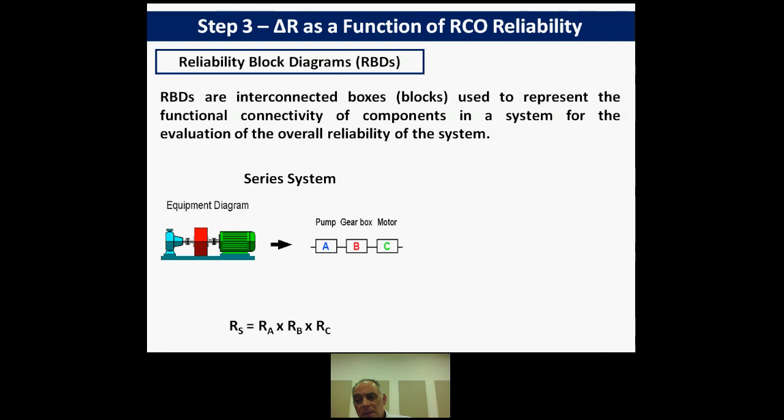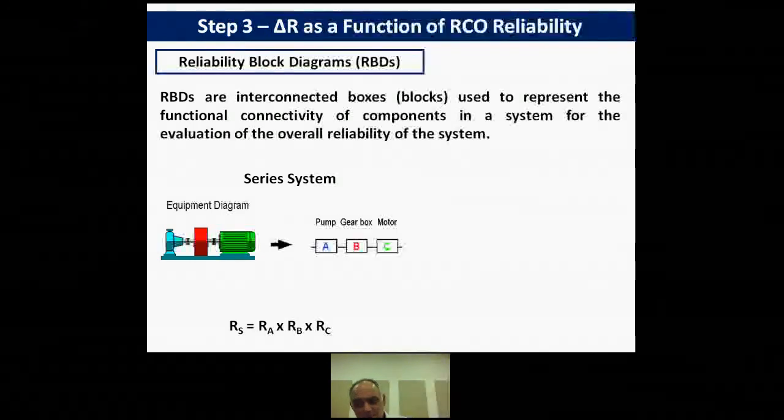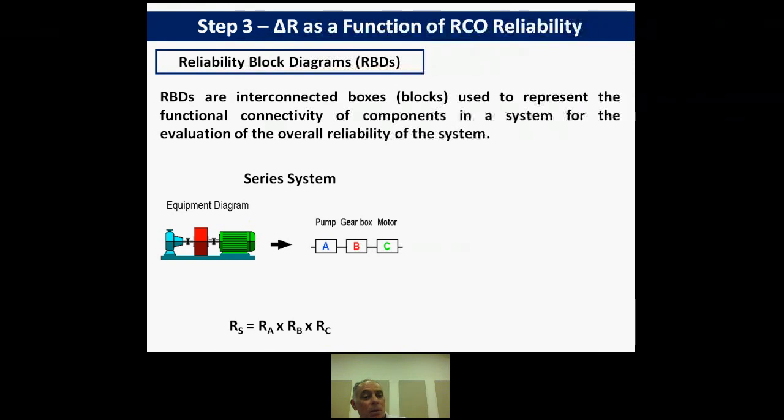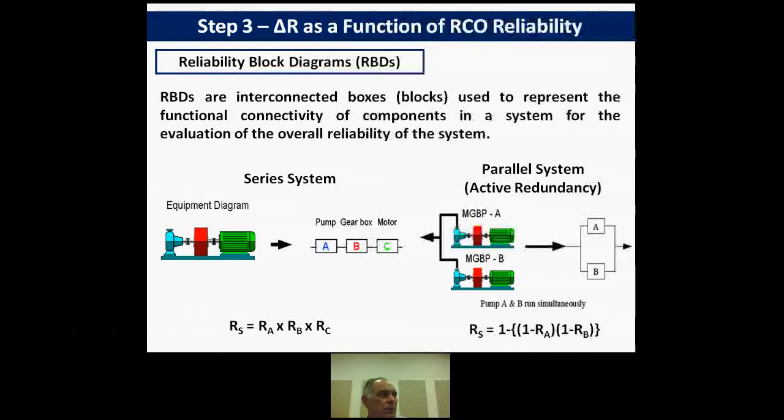Therefore, it is an AND Boolean logic. In other words, all of them have to operate. From the aspect of reliability, this boils down to the multiplication of the individual reliabilities. So we do that and then we have a break.